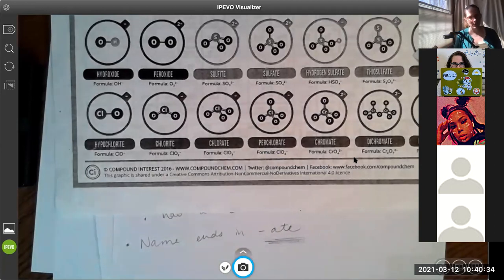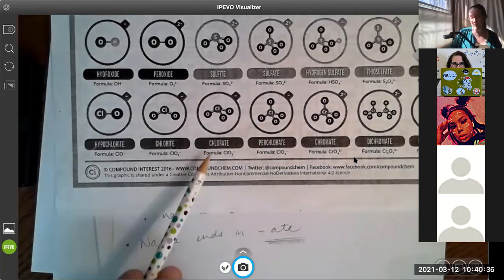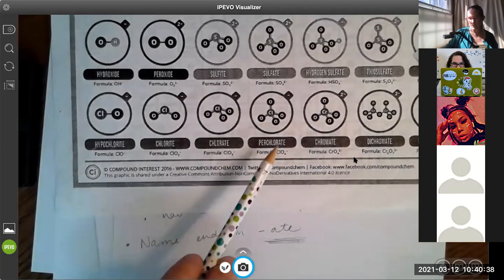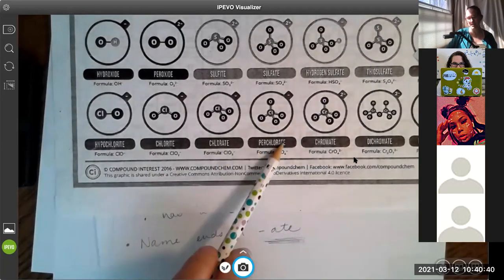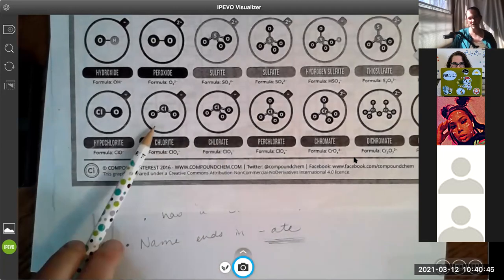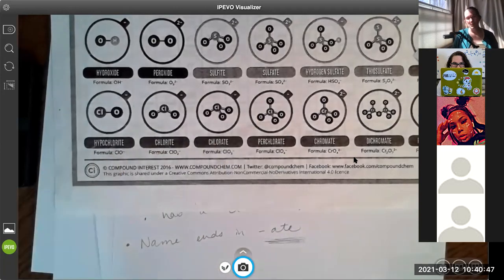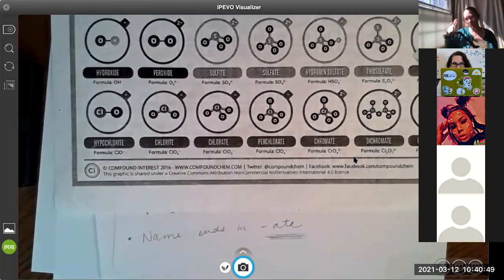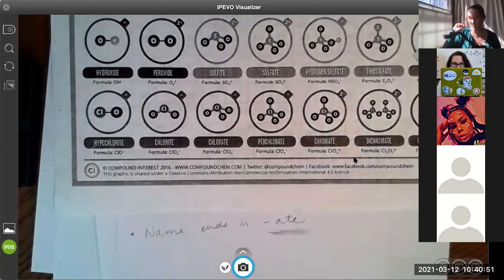Some of this is a little bit antiquated, but we chose some form to be the ate form. And then as we go per whatever ate, we add another oxygen. The ite form removes an oxygen, and the hypo-ite form removes another oxygen. But don't worry about remembering that. But the point was, you found the pattern by looking at this page, which is cool.